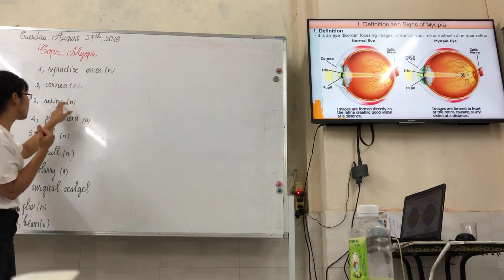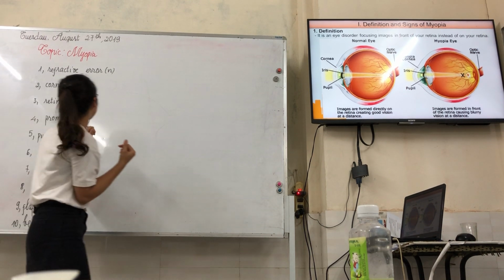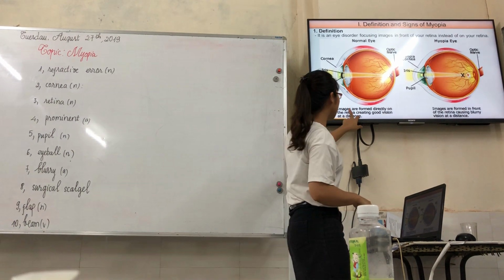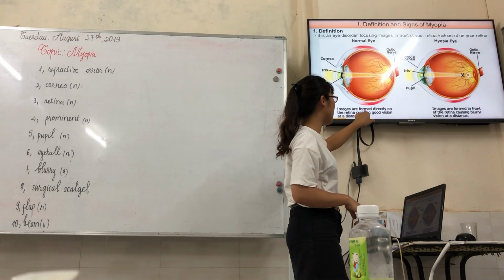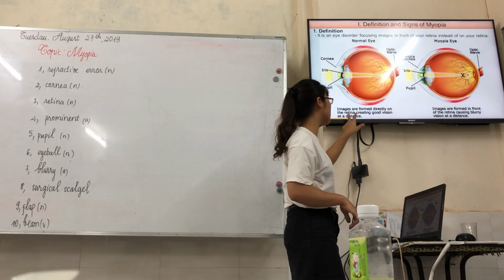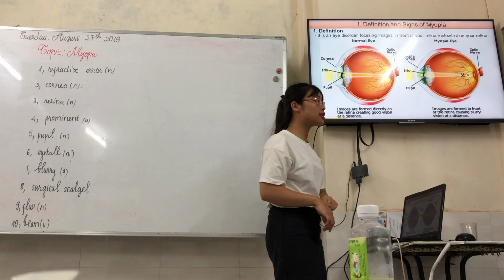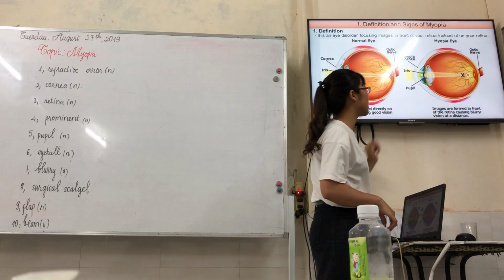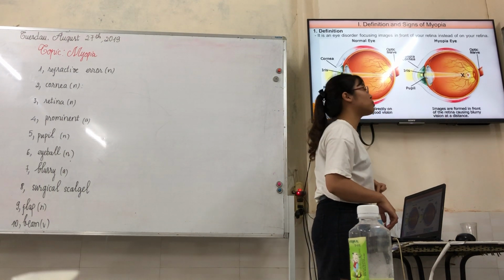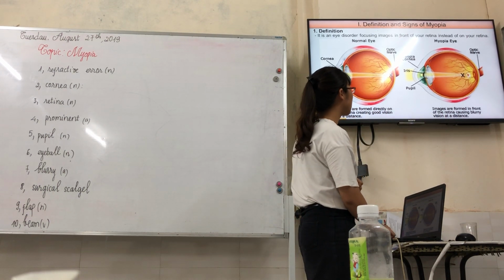And retina means võng mạc. You can see that images are formed directly on the retina. This creates good vision at a far distance, and in myopia it makes objects blurry.